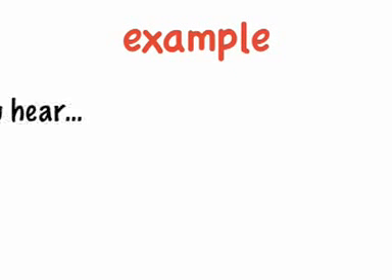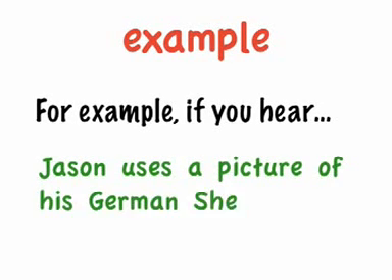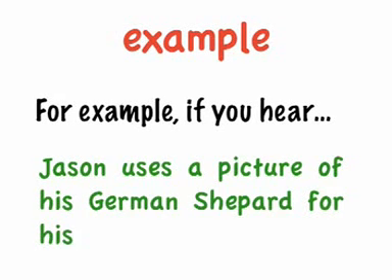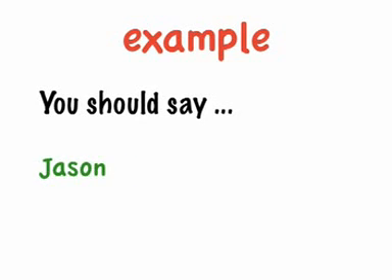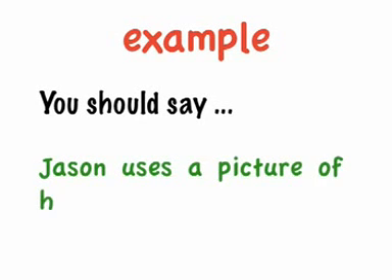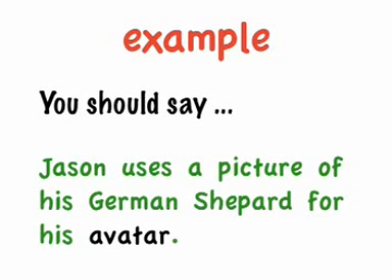For example, if you hear, Jason uses a picture of his German Shepherd for his beep, you can say, Jason uses a picture of his German Shepherd for his avatar.